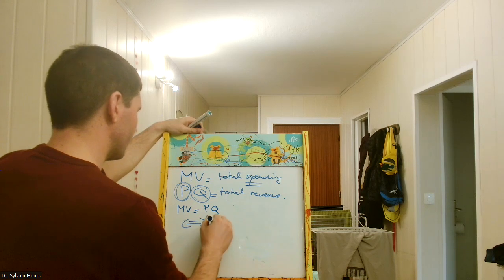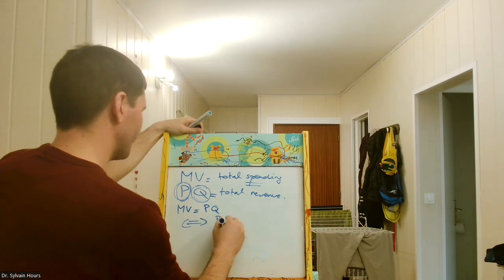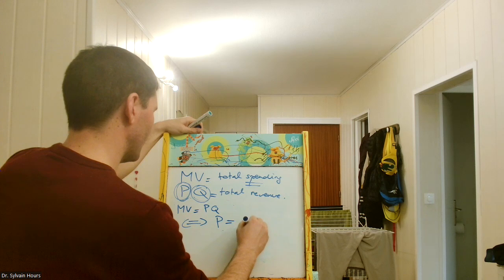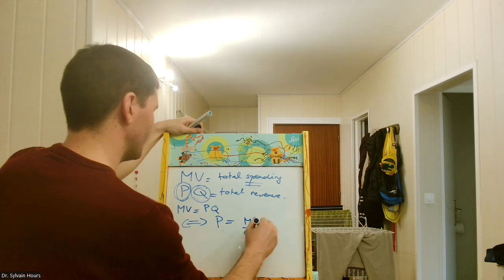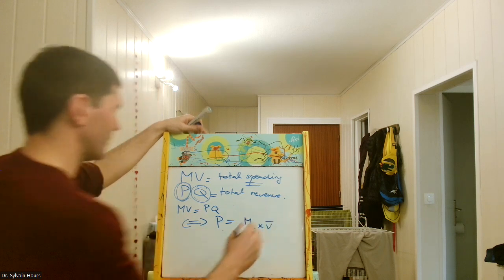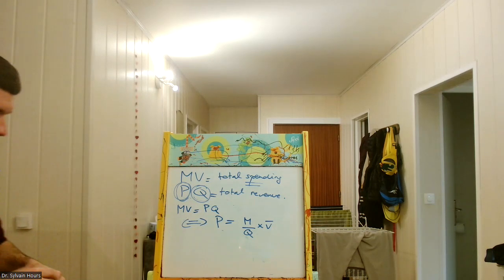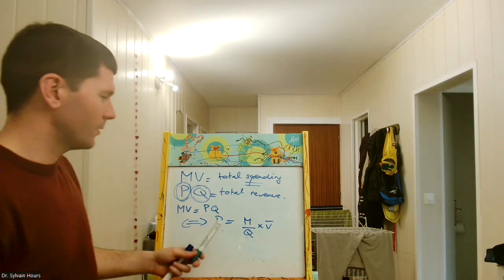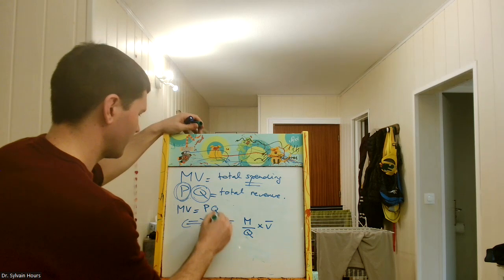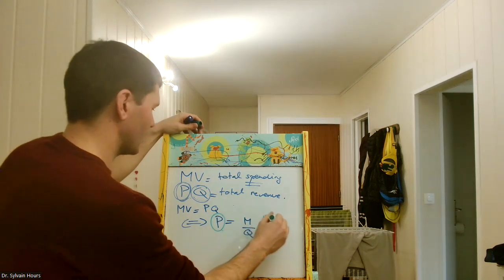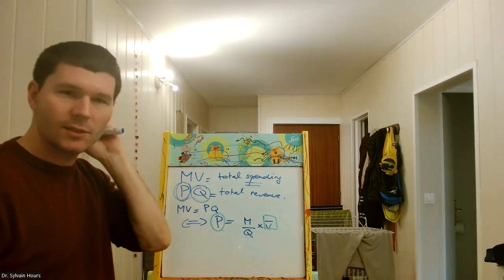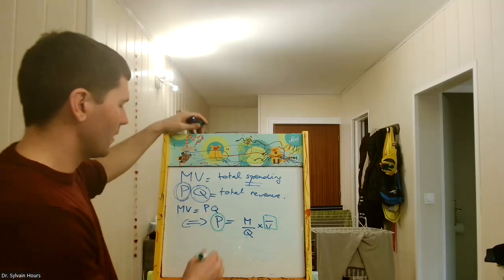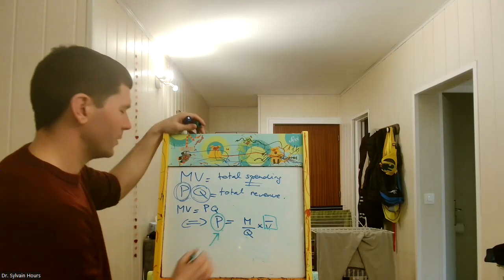which means that P is equal to M over Q times V. And remember that V is fixed. So that's the price level. Now remember, this does not change. So now the question is, when are we going to have inflation? Well, we're going to have inflation if the price level increases.